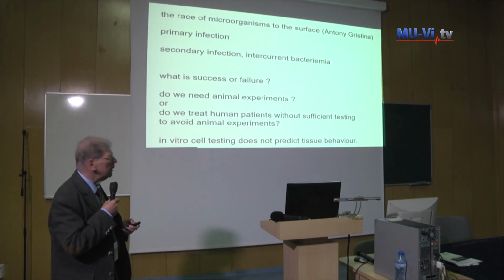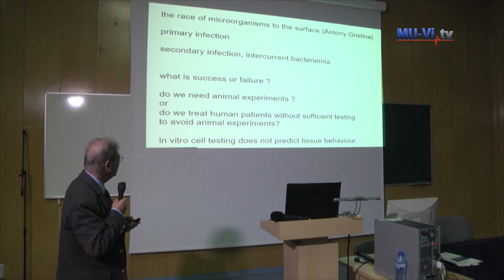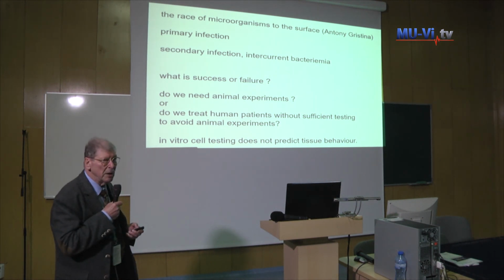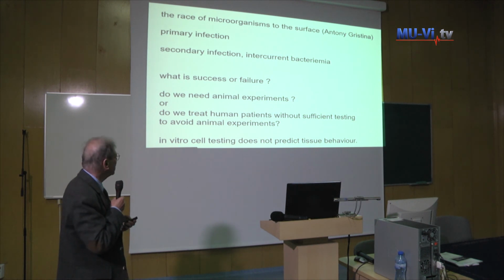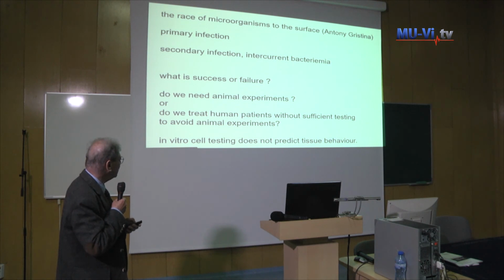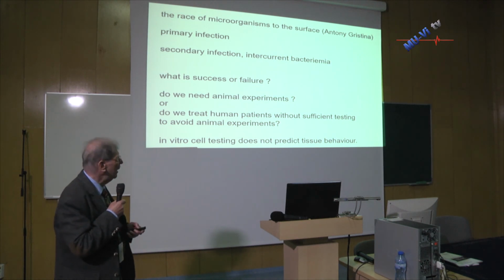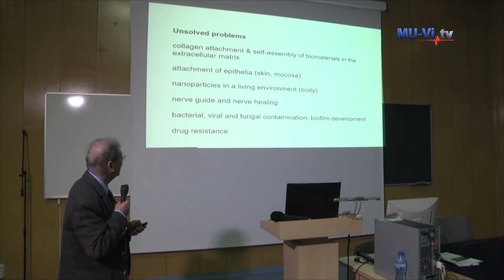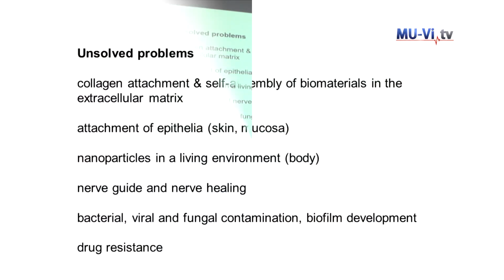And I am of the opinion that we urgently need animal experiments. And the reason for this is that in vitro cell testing does not predict tissue behavior. We have unsolved problems. For example, collagen attachment, self-assembly of biomaterials in the extracellular matrix, attachment of epithelia for skin-penetrating implants.